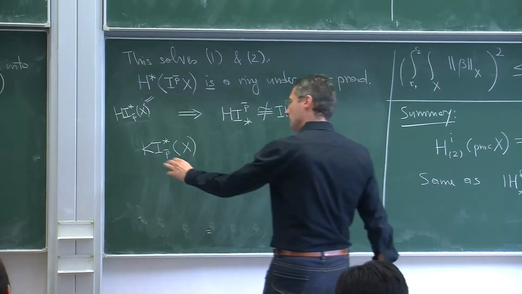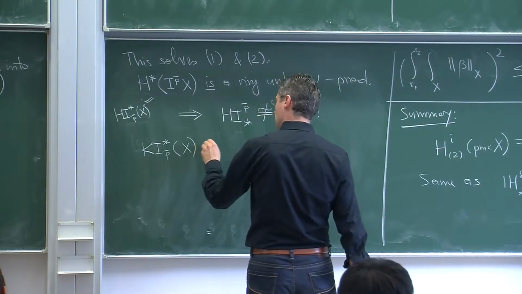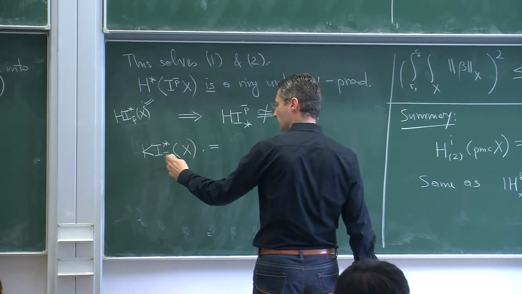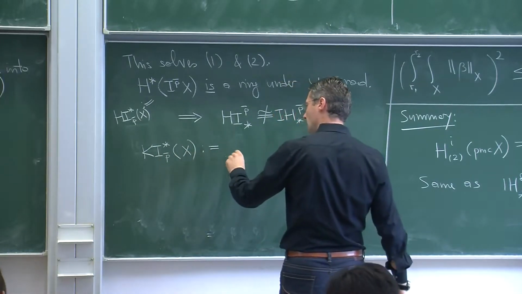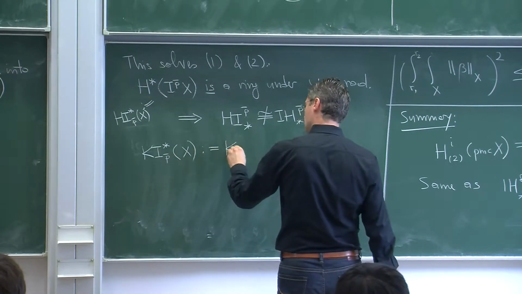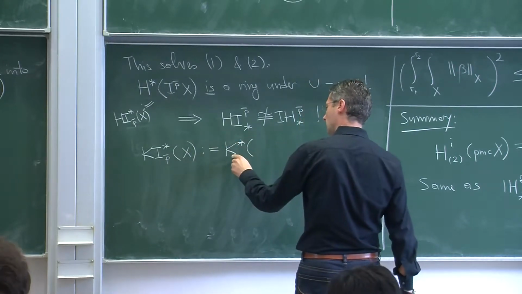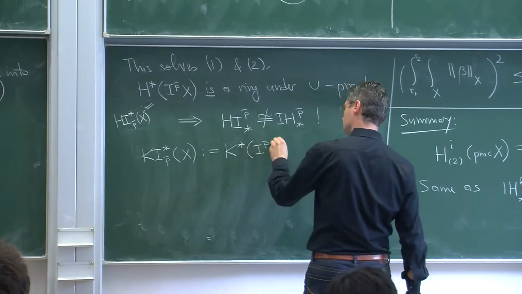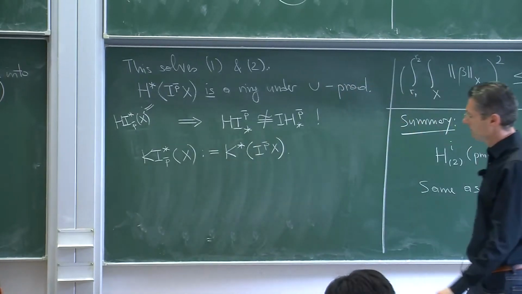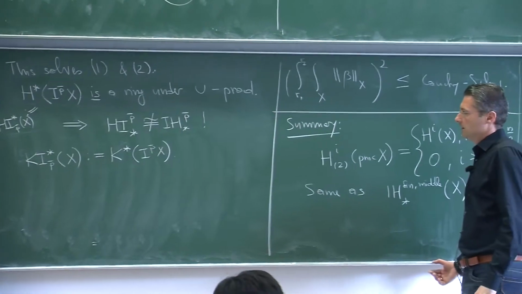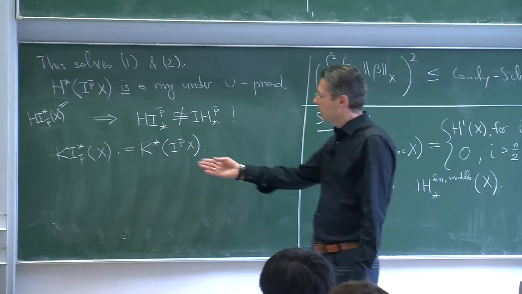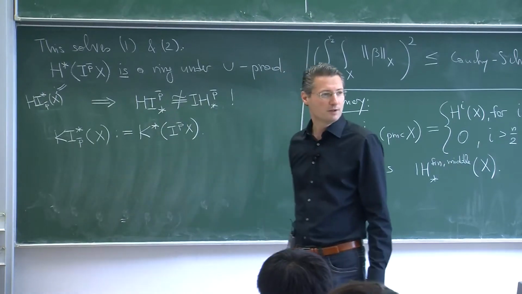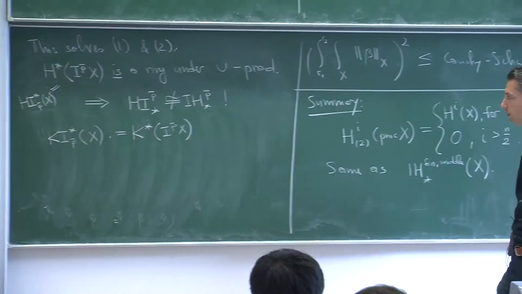But you could form such a K theory which takes the singularity structure into account and satisfies Poincare duality by simply taking the K theory of the space IPX. And so since I'm not going through a chain complex but have a space, I can do this now, right? So it's much more powerful.